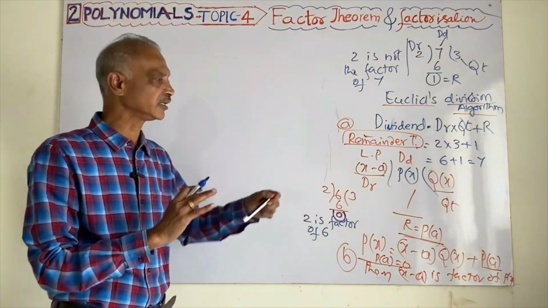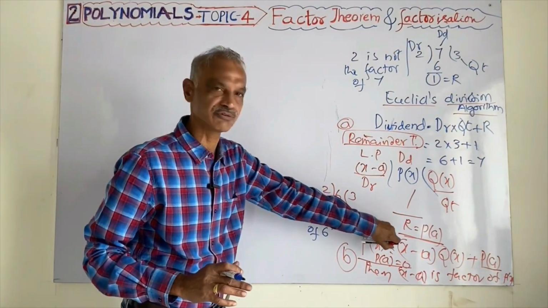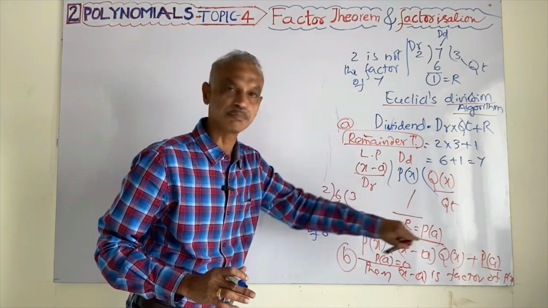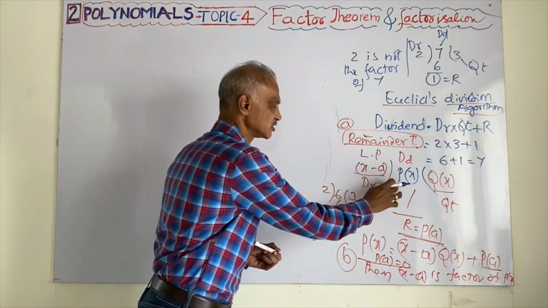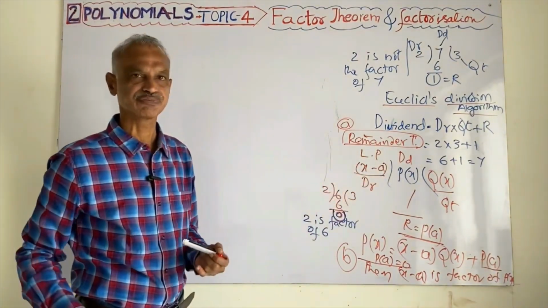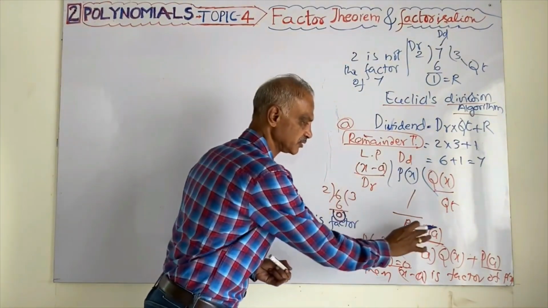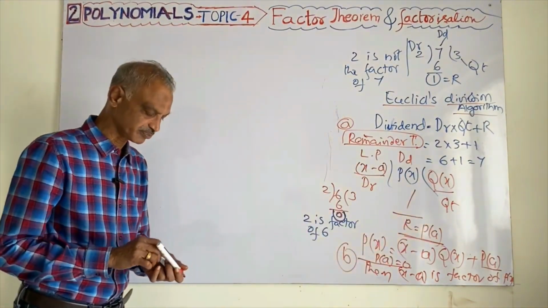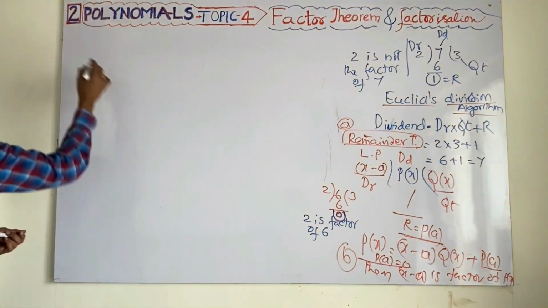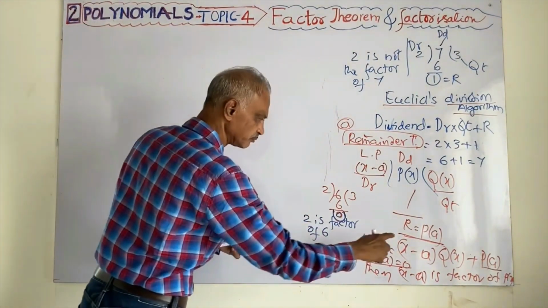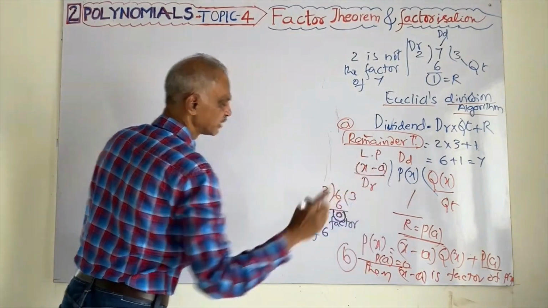Up to this is the remainder theorem. We have to prove the remainder is equal to p of a, if p of x is divided by x minus a and the quotient is in the form of q of x. The remainder you should show is p of a. First, we are dividing p of x with x minus a.